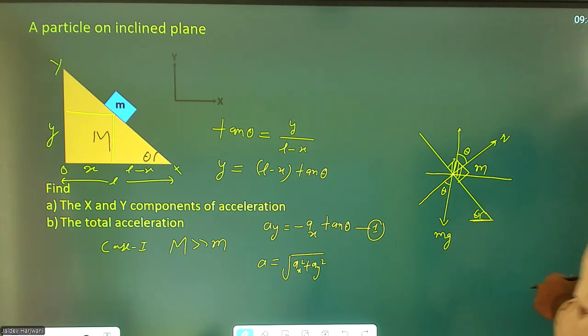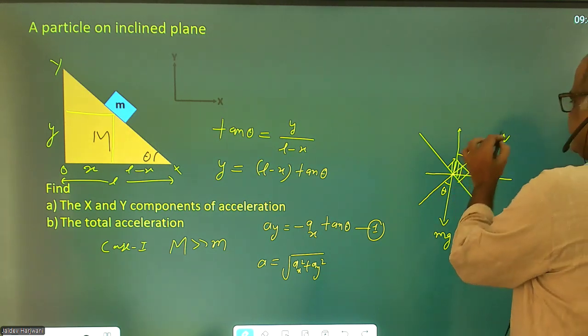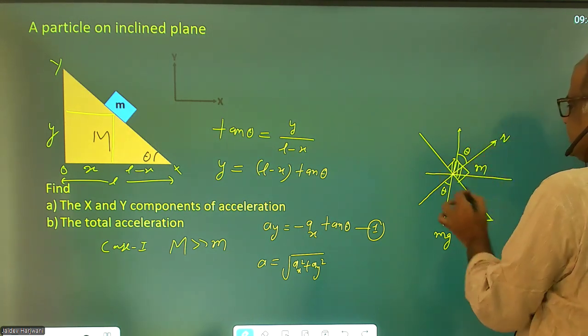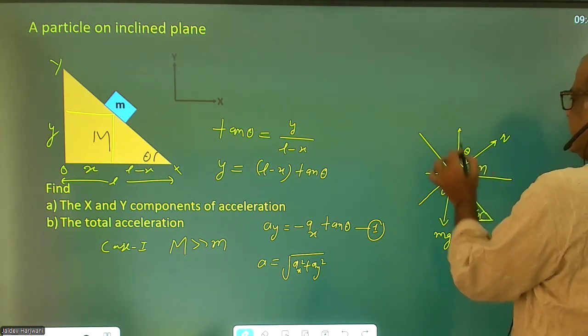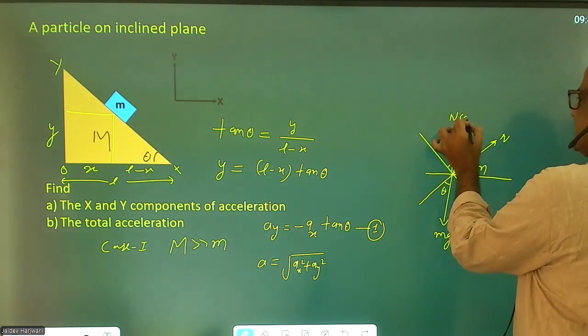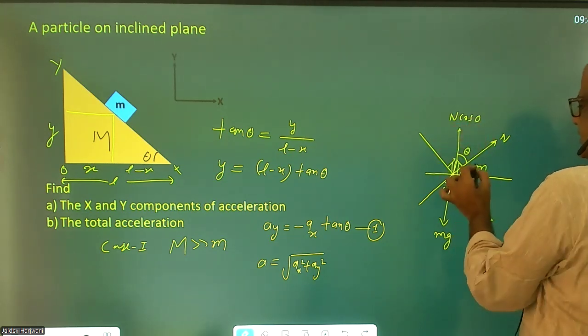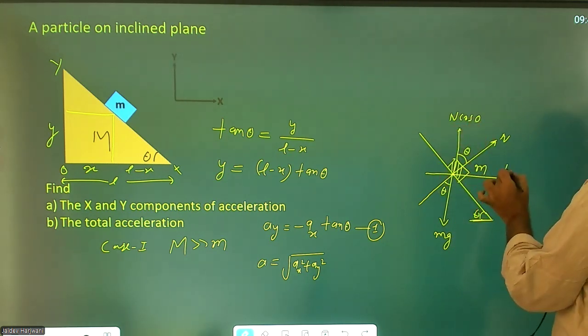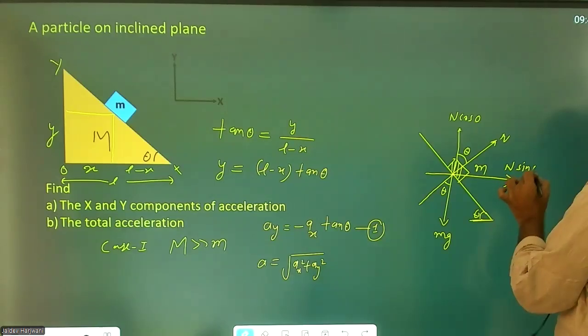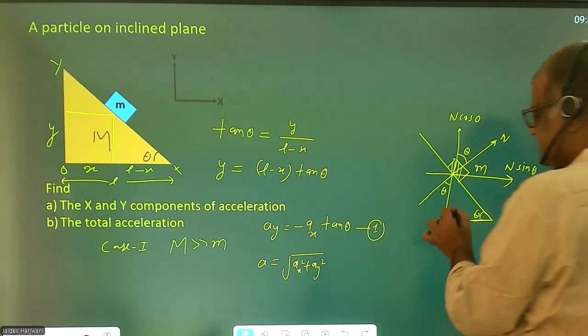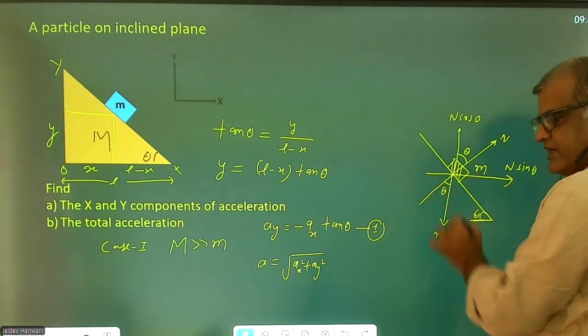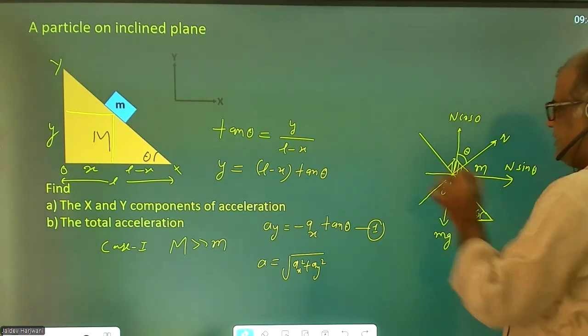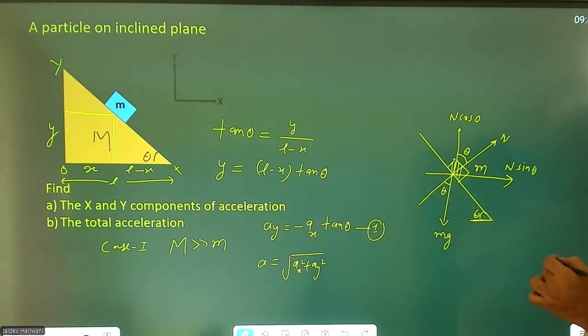Let us find the components of the reaction force in the x and y directions. In the y direction the component is N cos theta, and in the x direction the component is N sin theta on the block. The mg has a component only in the y direction, so it has no component in the x direction. So now I can write the equations.